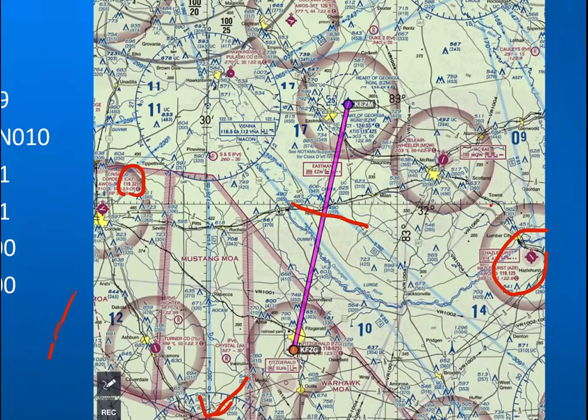So what would be a comfortable MSL altitude to still be legally VFR in Class Golf airspace there? About 1,100 MSL. 1,100. Okay, I'll take that one.